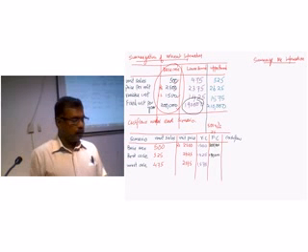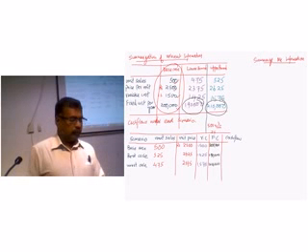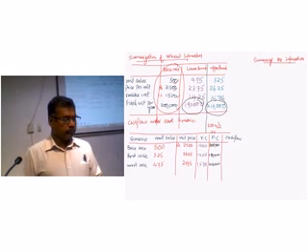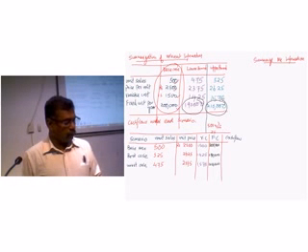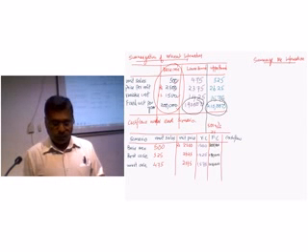So our unit variable cost, say 1500, 1425, 1575.